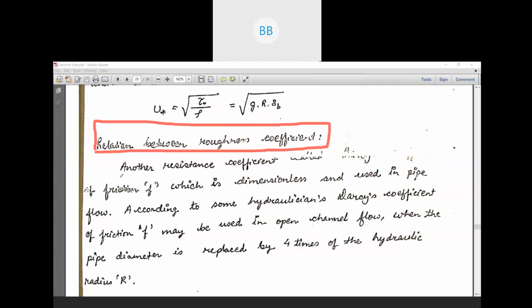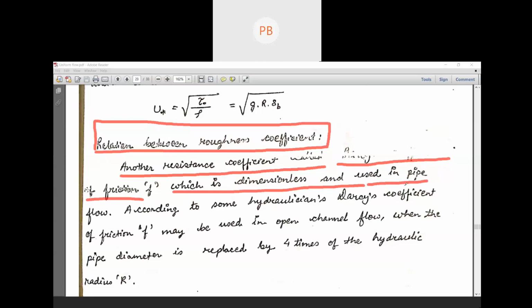Here you can write another resistance coefficient called Darcy's coefficient of friction, small f, which is dimensionless and used in pipe flow.